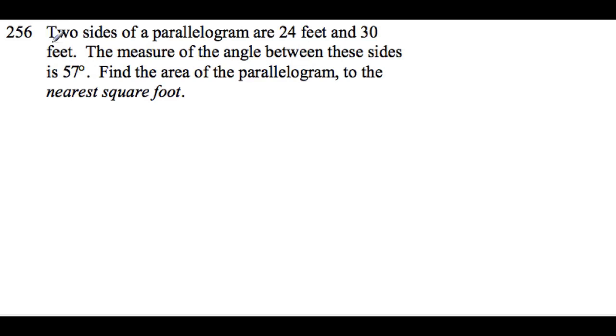256. Two sides of the parallelogram are 24 and 30, and the measure of the angle between these sides is 57. Once again, they told us that the angle between them is 57, so all we have to do is 24 times 30 times sine of 57 degrees. That's all we have to do.